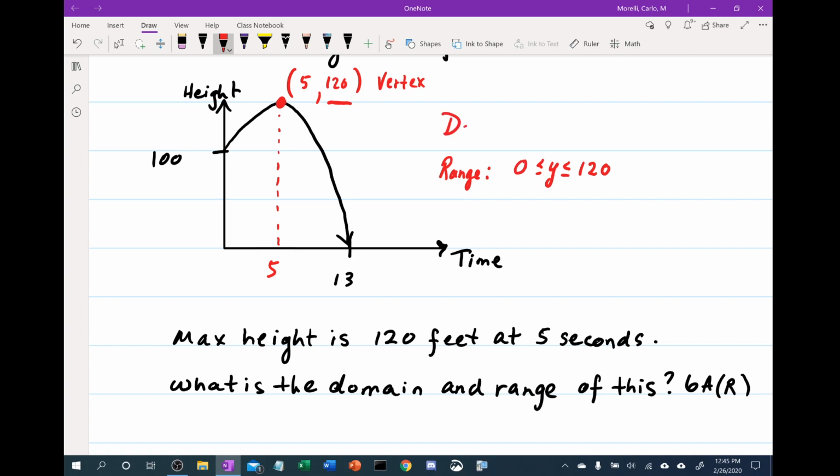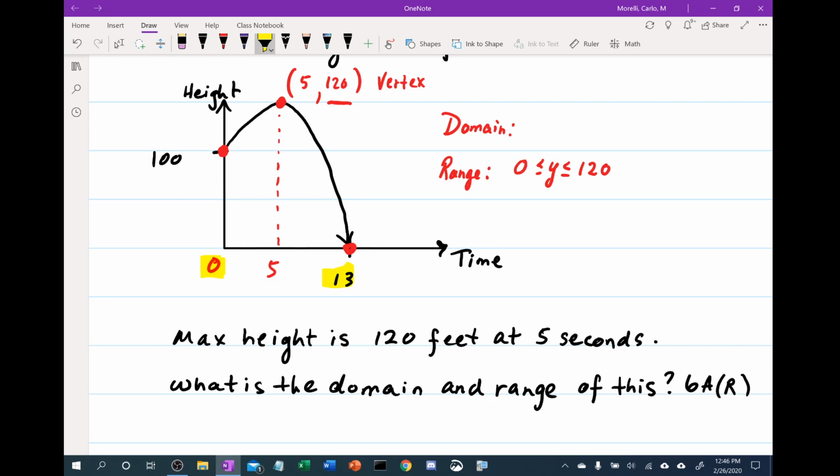Now let's look at domain. So I just got through telling you all quadratics have an infinite domain, but look at this problem. This problem gives you some additional information. It's saying that this problem only exists on this limited interval right here between 0 and 13 seconds. Okay?